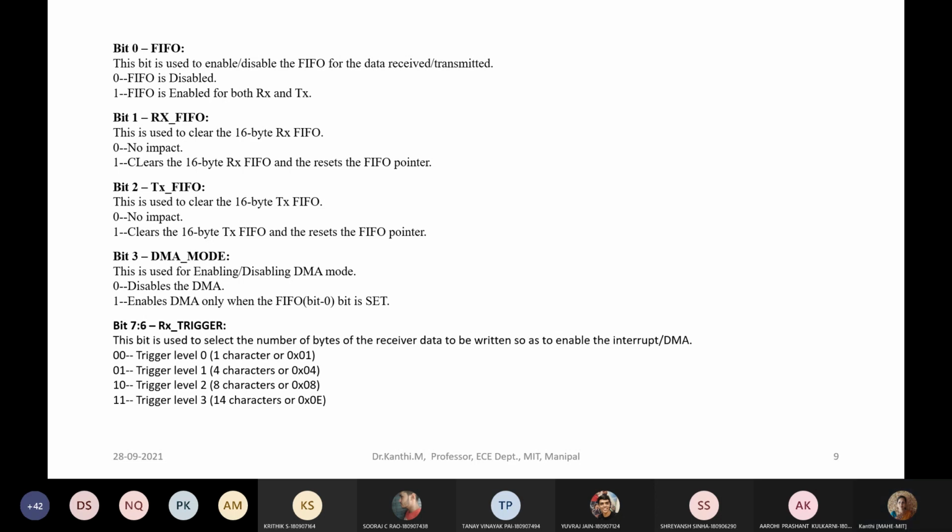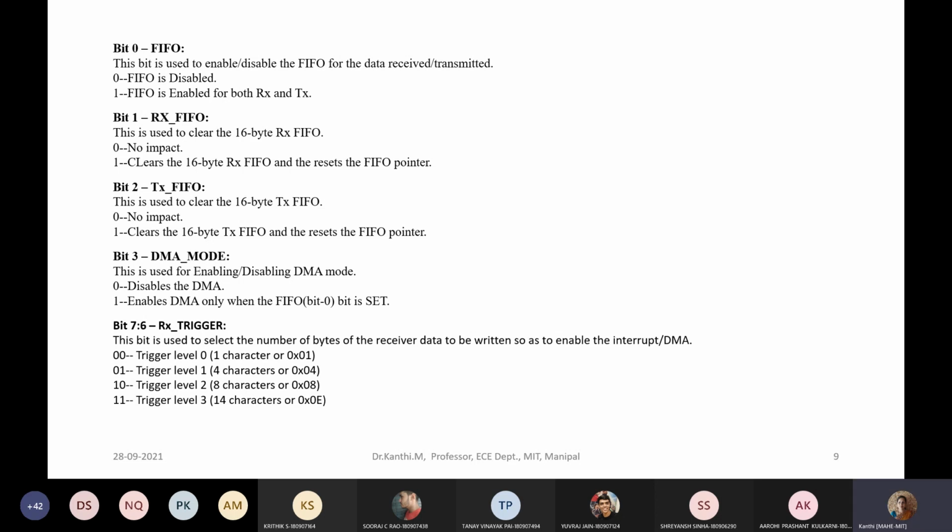And bit 2 is used to clear the 16-byte transmitter FIFO. You have a 16-byte receiver FIFO and a 16-byte transmitter FIFO, which means that it is a buffer. So the data which you are going to transmit will be sent in a queue.